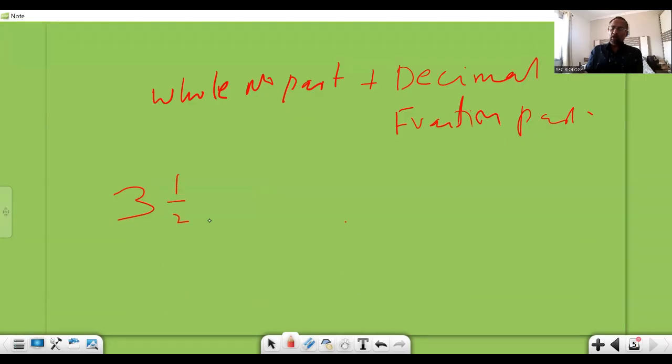Yes, 3.5, no problem, it is a decimal we can say. This is 3.5, which means 3 and 1 by 2. This is 3 plus a mixed fraction we studied. 3 plus half.